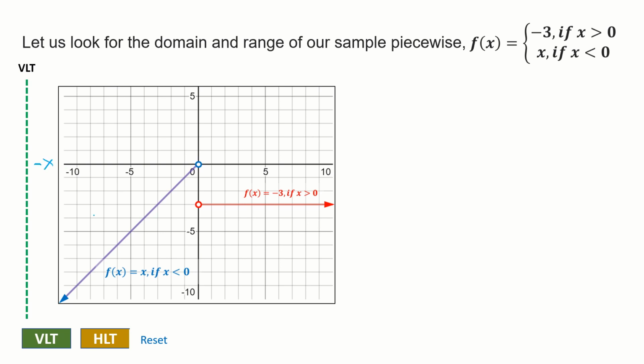So why do we know that the domain starts from the negative infinity? If we look at one of the graphs of the subfunctions, the graph is pointing towards the negative infinity of x.